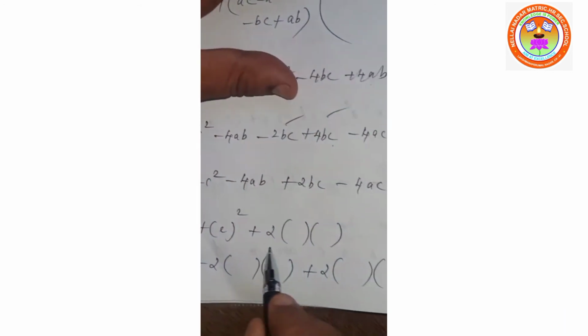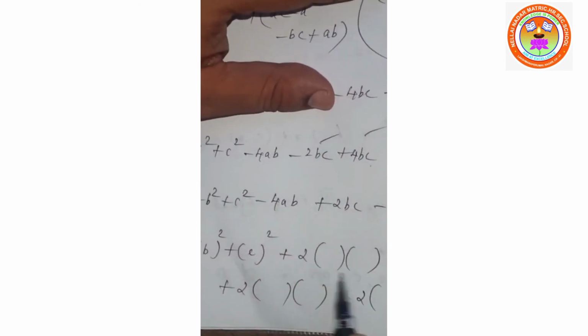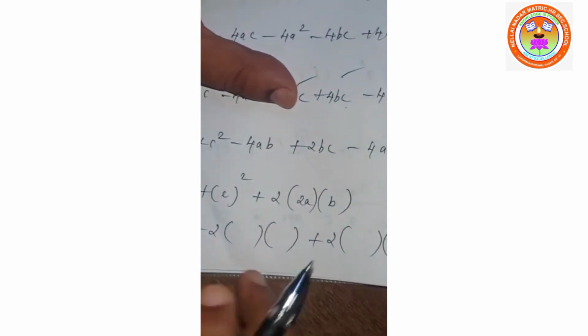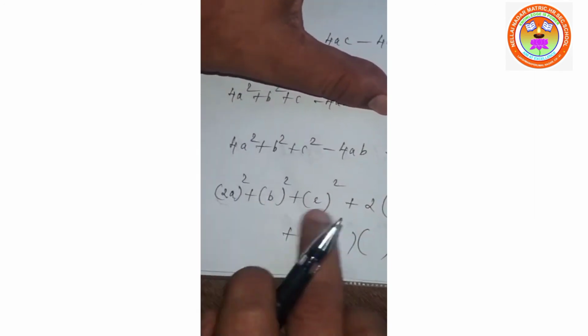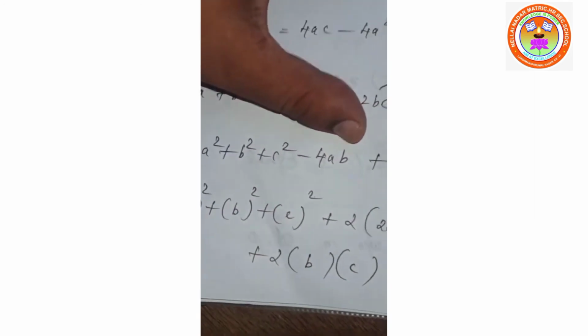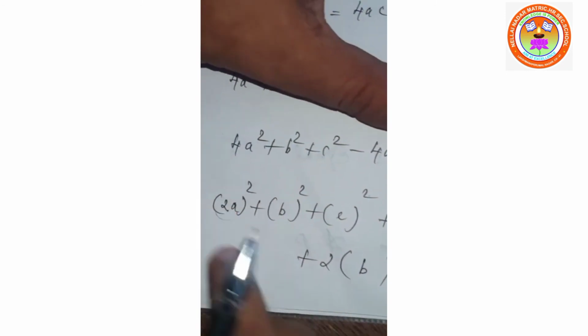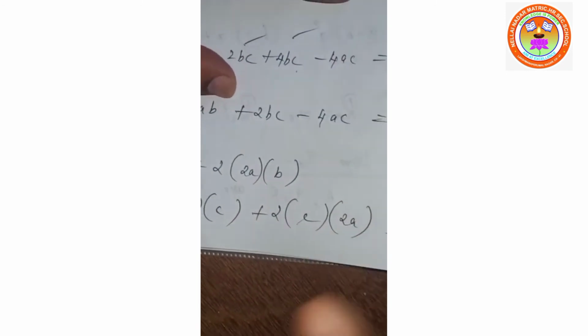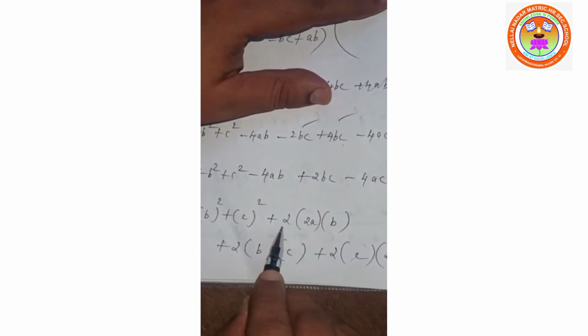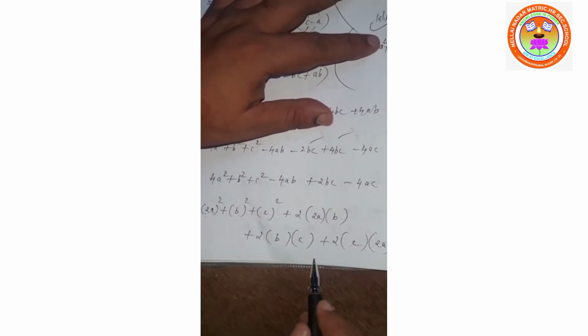Now here, instead of a what is here? 2a. B, b only. Here b and c only, no change at all. Then c and a. C as it is. Instead of a what is here? 2a. We can verify now. 2 into 2a into b, 4ab, but we have minus 4ab.